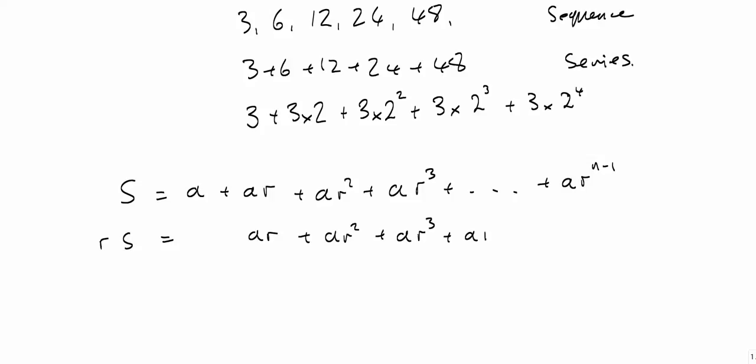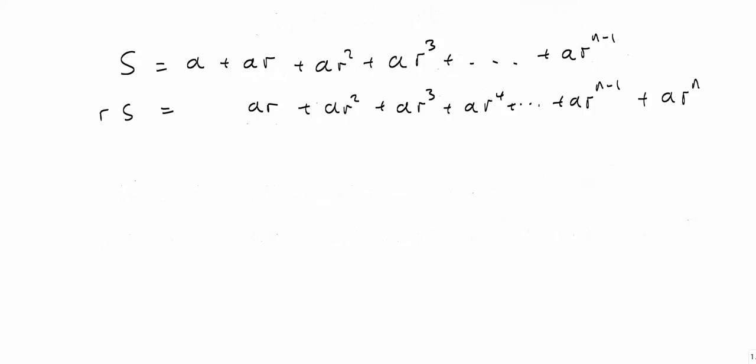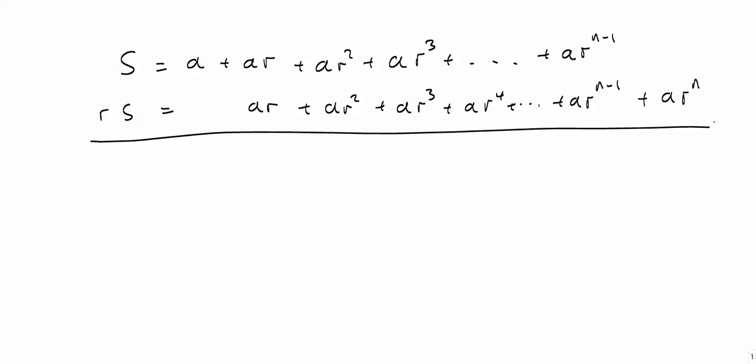Then we have ar to the power of 4, and we carry on. Eventually we'll find a term ar to the n minus 2 multiplied by r will give us ar to the n minus 1, and then ar to the n minus 1 multiplied by r will be ar to the n. So we've just taken the series and multiplied it by r.